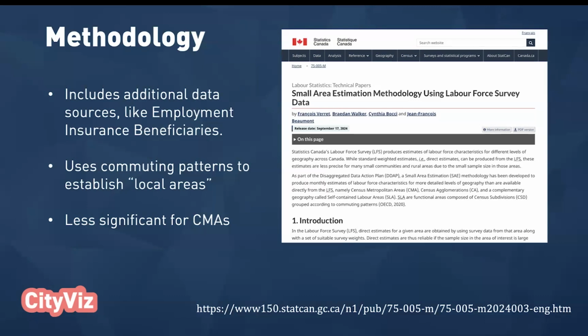This particular data set is less significant for CMAs, and the reason is that in the metropolitan areas, such as the Vancouver metro area, Victoria or Kelowna, the communities which comprise those CMAs are typically so interleaved that it becomes practically impossible to distinguish between smaller communities within the CMAs, because in general, the large majority of the population from neighboring communities would commute to work to the largest population center.